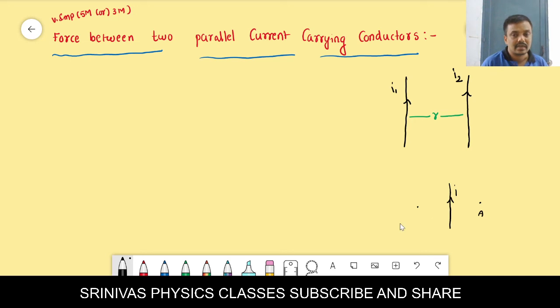Okay, this is at point A and this is at point B. Can anyone tell how to use the right hand thumb rule? This is a current carrying wire, and the current is flowing upward. You have to hold the current carrying wire in such a way that the thumb shows the direction of the current, and the curled fingers indicate the direction of the magnetic field.